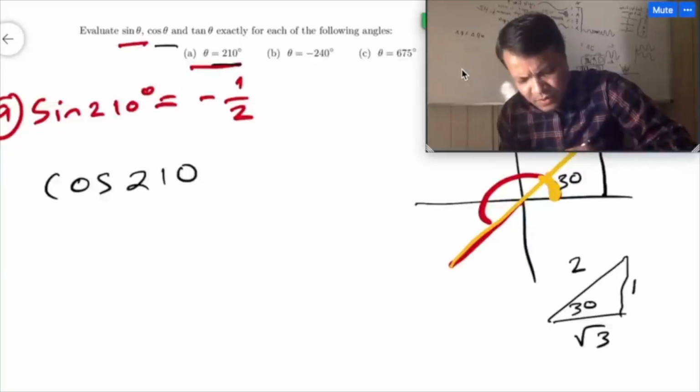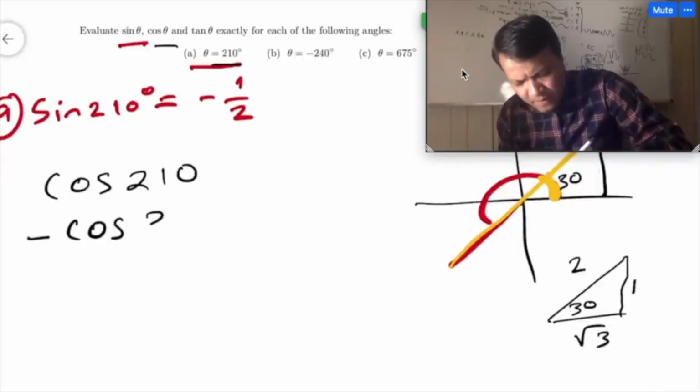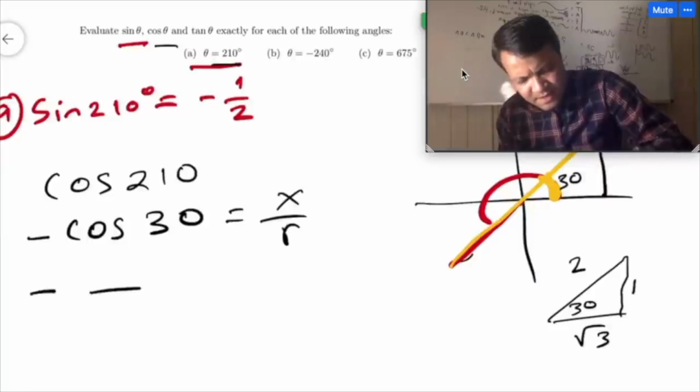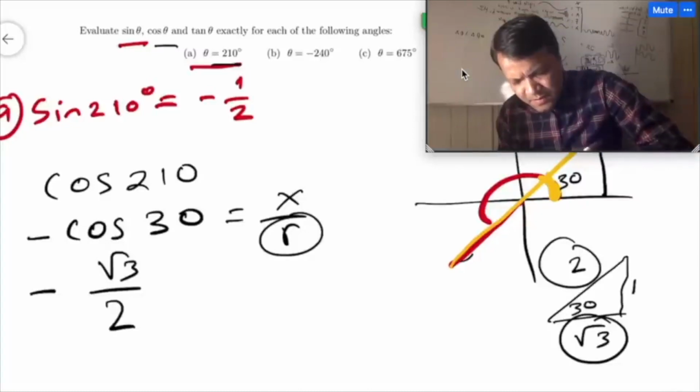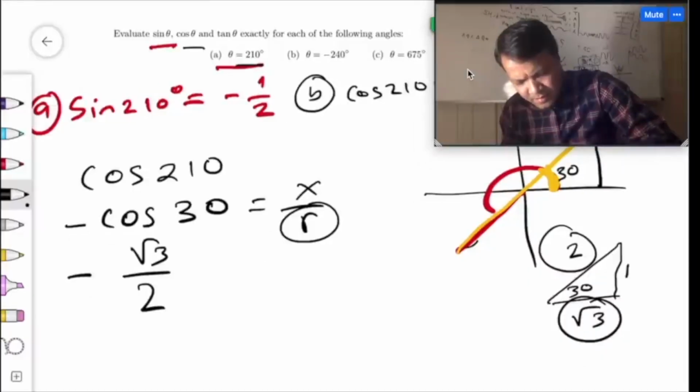So cosine 210 is negative cosine 30, because cosine is also negative over here. Cosine is x over r, so negative x is root 3 and r is 2. So B, cosine 210, is negative square root of 3 over 2.